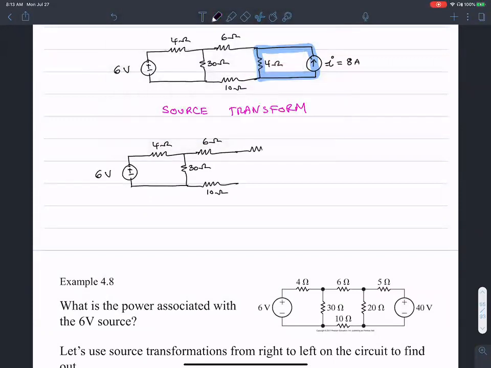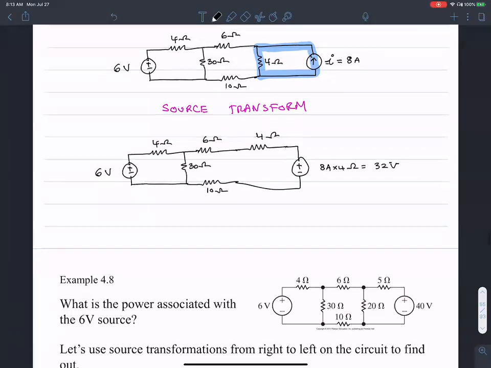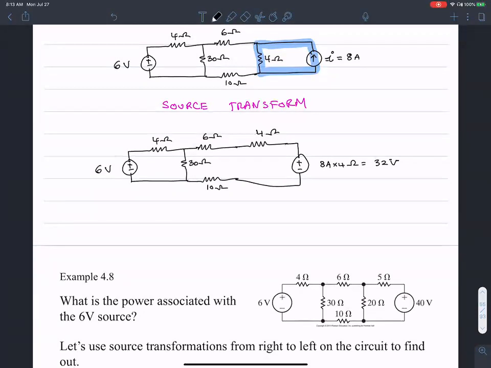That is exactly the same, not changing, 4 ohms. Now this 8 ampere current source is converted into a voltage source. So you multiply this 8 amperes current by the 4 ohm resistance, which gives you 32 volts. This is the second application of source transformation.